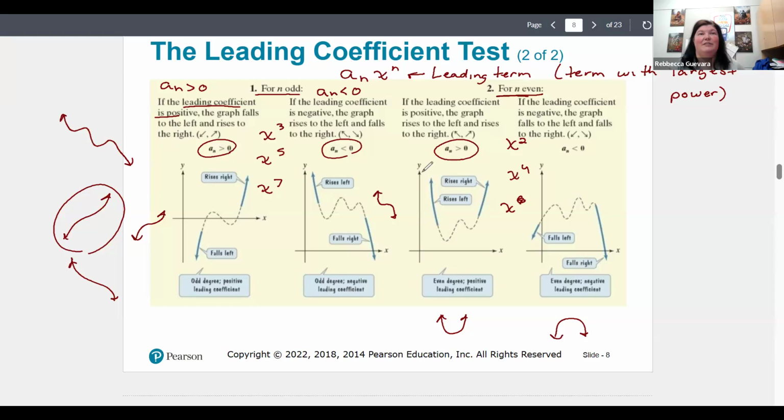So if a to the n is positive, then we have a parabola opening up basically. There might be some bouncing here, but in the long run it's rising at both ends. If our coefficient a to the n is negative, then it's going to be a parabola opening down, essentially. There might be some bouncing in the center, but at the ends everything is falling down. And that is the leading coefficient test.